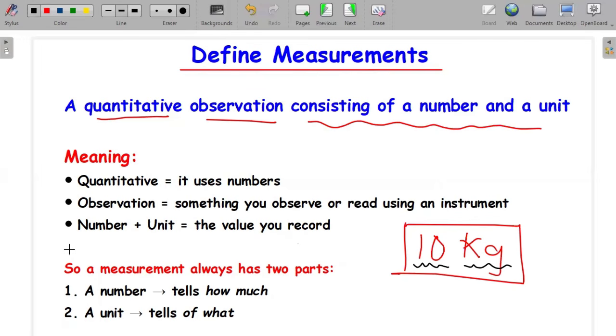That's the standard. A measurement should always have two parts. There should be a number, and then there should also be a unit. The number tells you how much of something you have, and the unit tells you of what. That's the definition there.